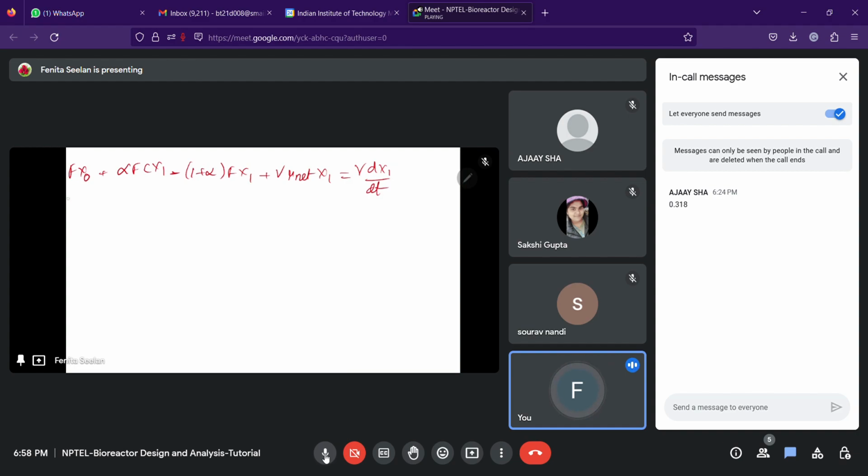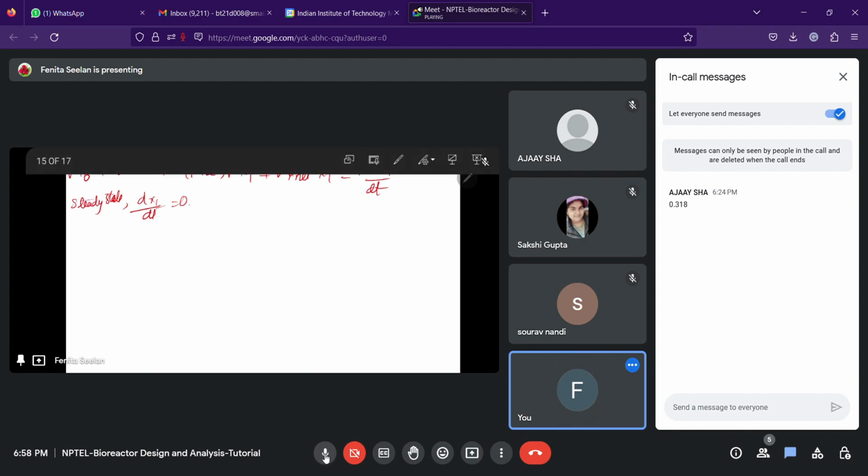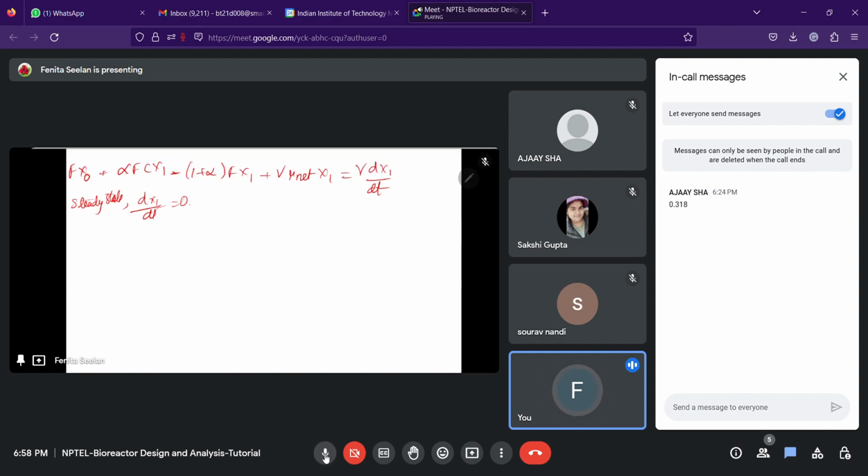We do know that it is steady state, so dx by dt should be 0, considering it is a sterile feed. Also at steady state, your mu net will become 1 plus alpha minus alpha C into D, right?